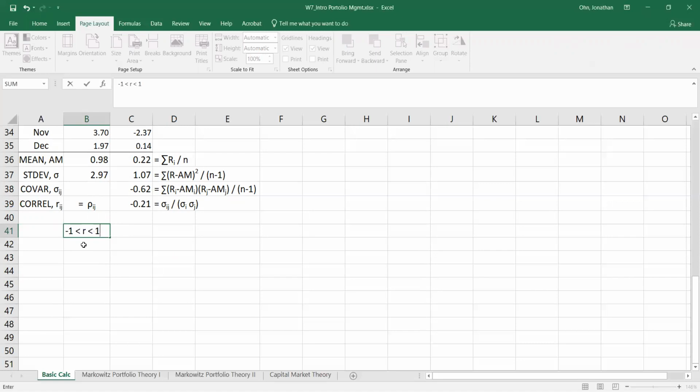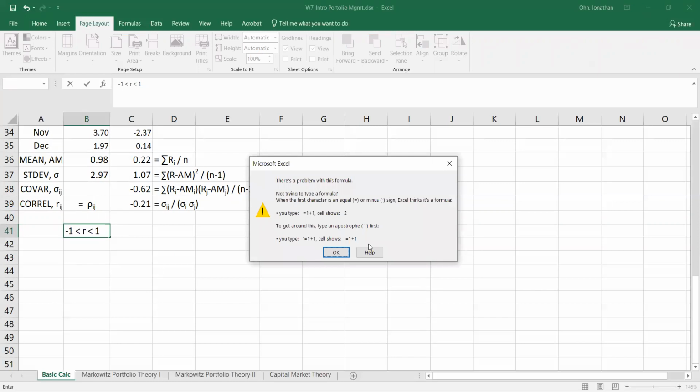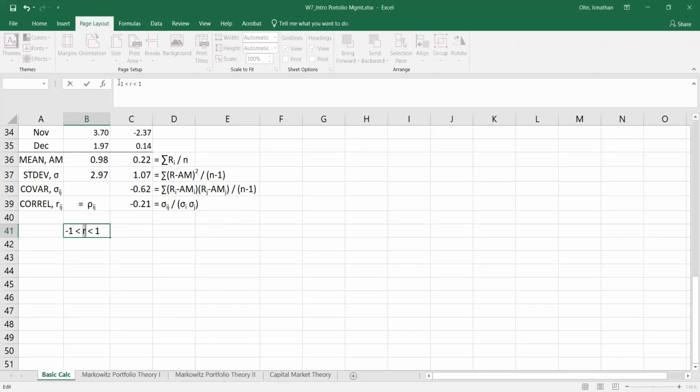So the size of this correlation coefficient is between -1 and 1. I told you that in covariance only the sign matters, but with the correlation coefficient, it is not only the sign but also the size of the R coefficient that matters.